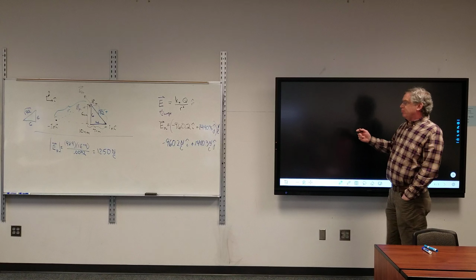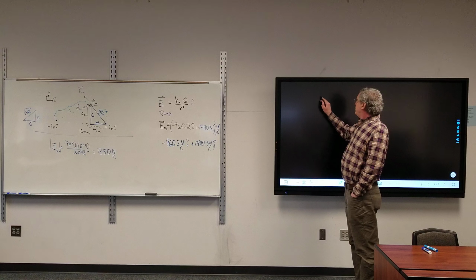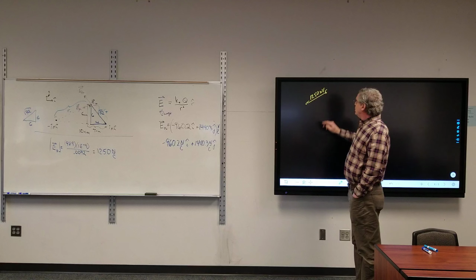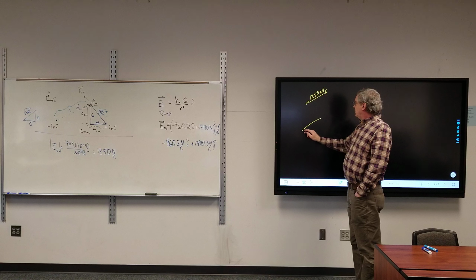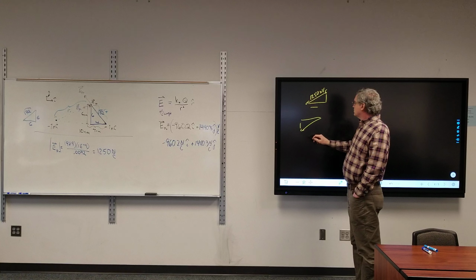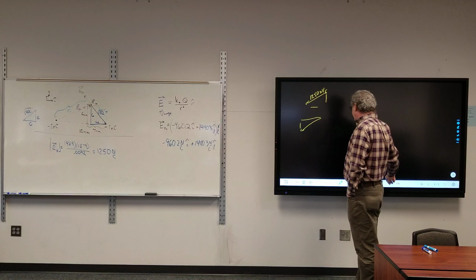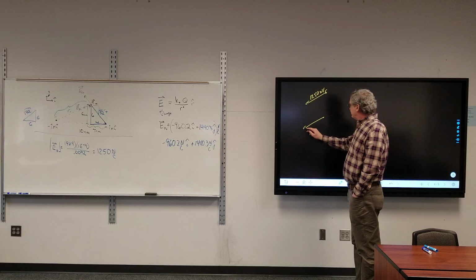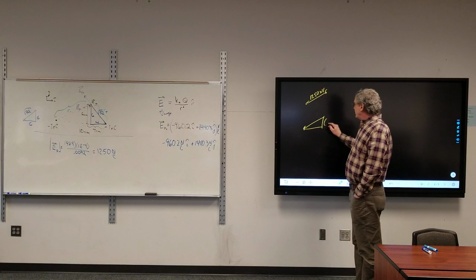All right, so we have this 1250 newtons per coulomb. I know it's going off in that direction. I'm going to break it up. I have similar triangles here. I should actually draw them. I know that's 6, that's the square root of 72.